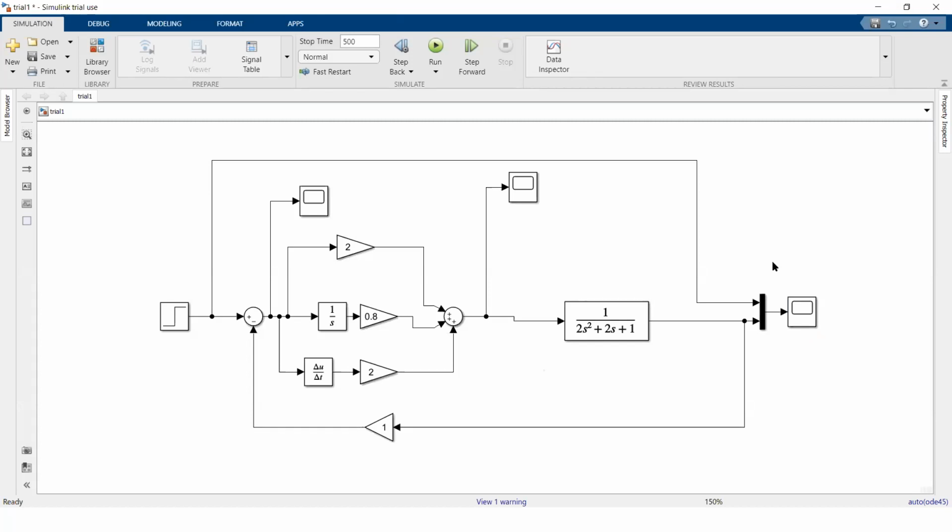Yes, yes, sir. Almost, because we are not considering the non-linearities. Remember, this is an LTI system, a linear time invariant system. The system we have modeled is an LTI system which is slightly different from the actual system.